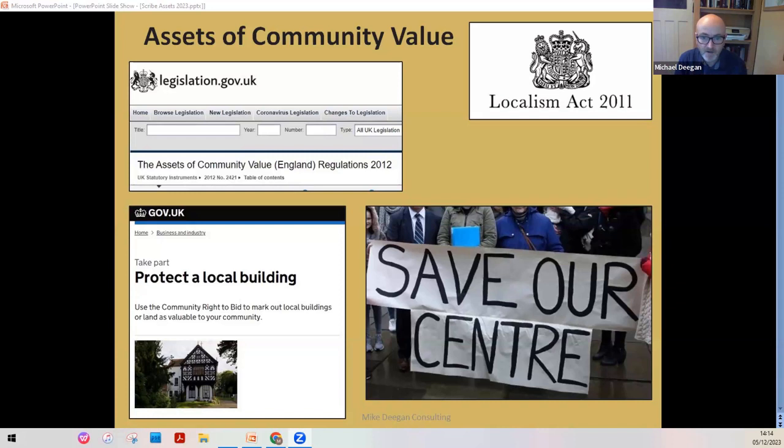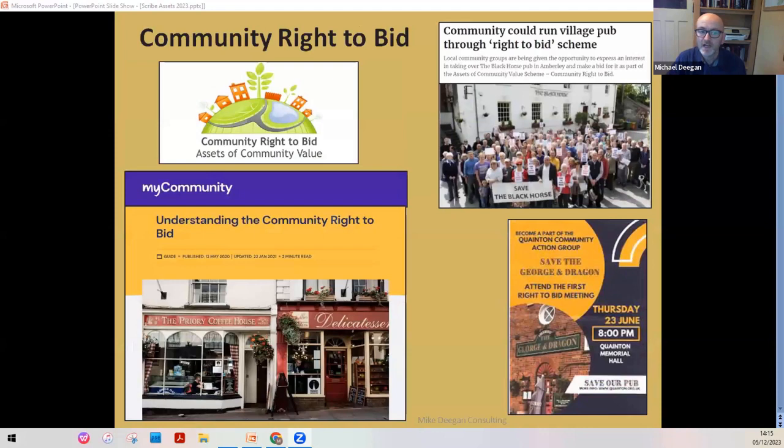The government said the goal was to give more communities the opportunity to take back control, a bit of a familiar saying there, of assets and facilities in their neighbourhoods, which we will come on to. And you've probably heard of the community right to bid.